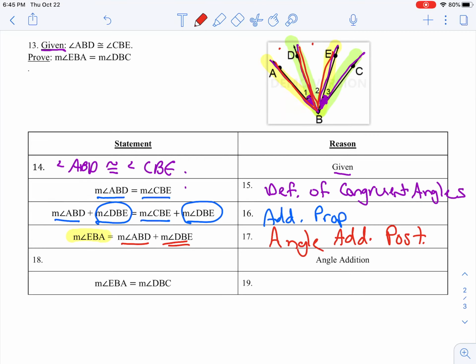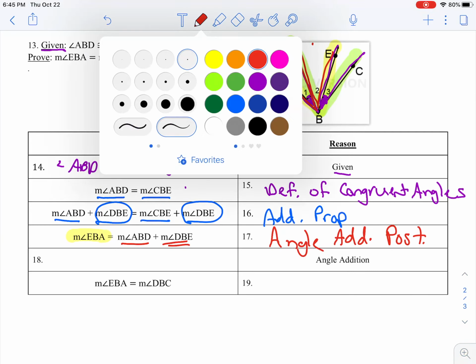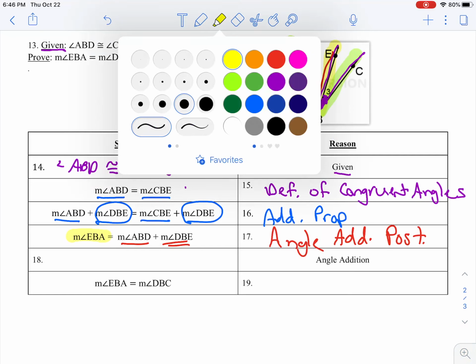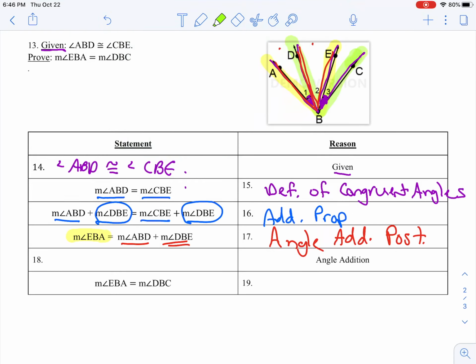All right, well, now they're giving us a reason, there's another angle addition. Well, that's because it's for this angle right here that is named DBC.